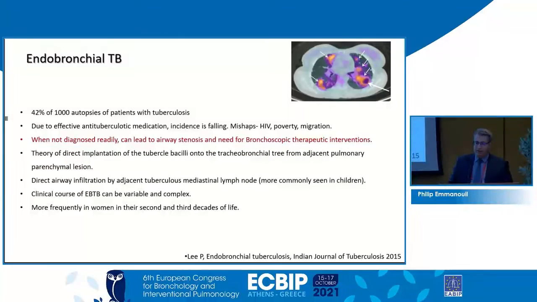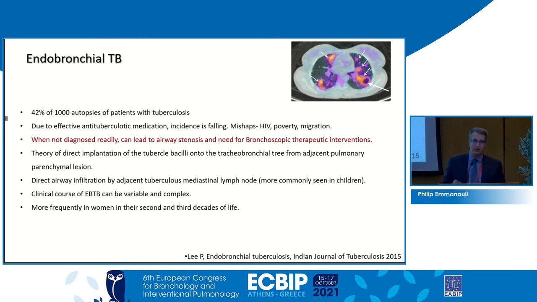Endobronchial TB, due to our effective anti-tuberculosis treatment, is more or less declining, but it's present. It seems that in 1,000 biopsies of patients with tuberculosis, in 42% we can see endobronchial TB.